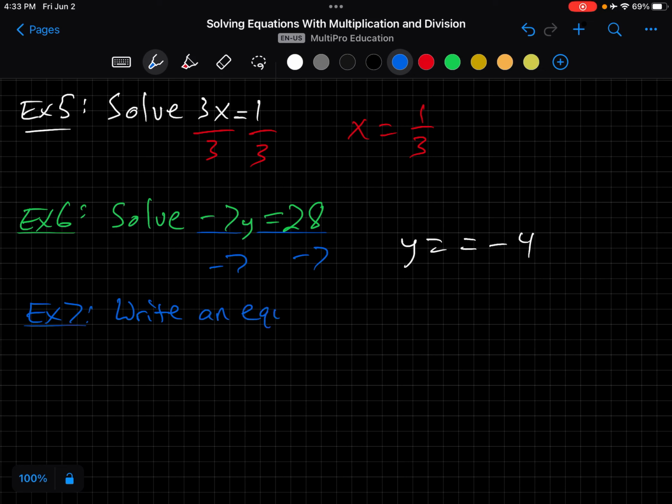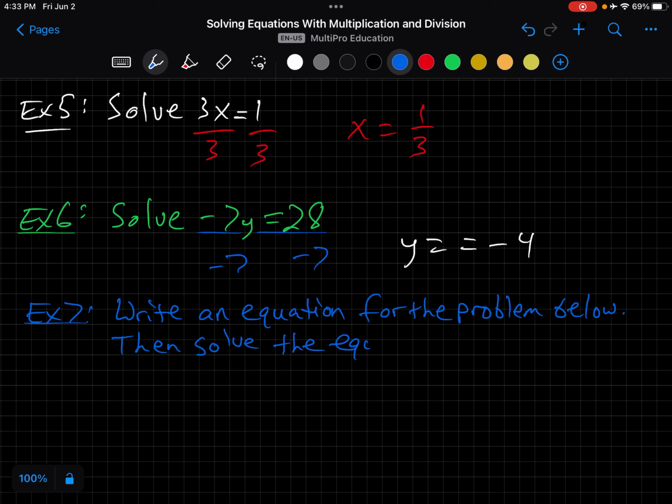We want to write an equation for the problem below. Then solve the equation.